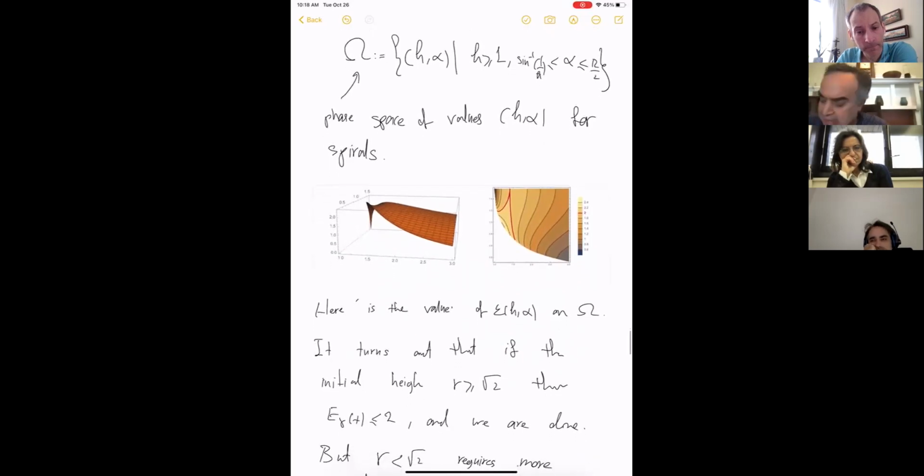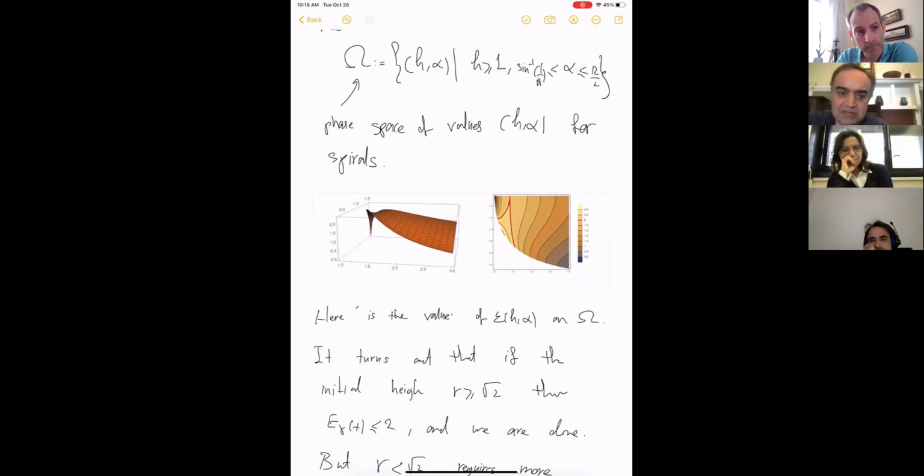Now, if the initial height is bigger than square root of 2, it turns out that you never enter this region. The bad region here is bounded by this red curve that I have drawn. If your initial height is bigger than radical 2, then it avoids that bad region. So then the instantaneous efficiency is always less than or equal to 2, and things work well.